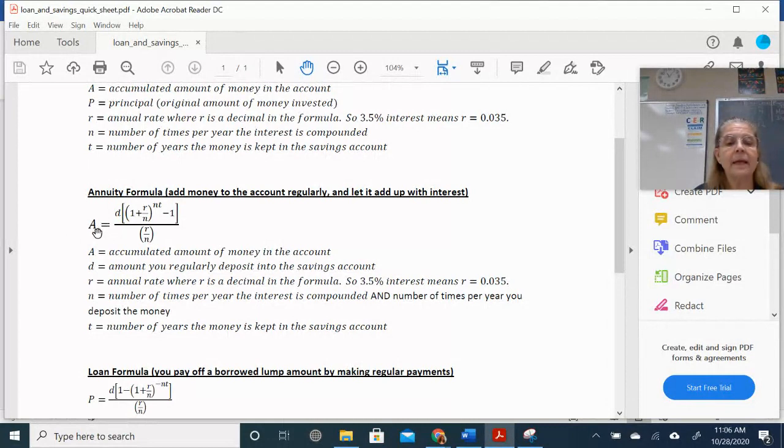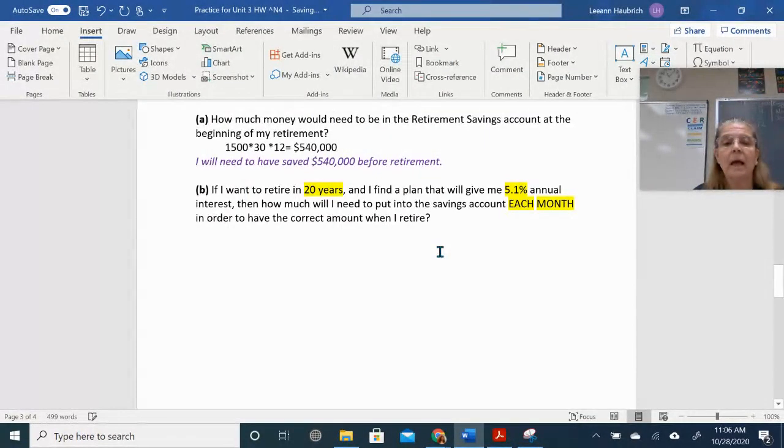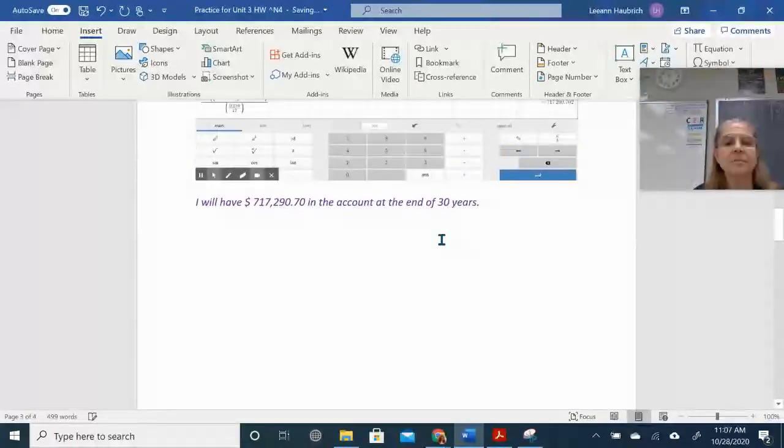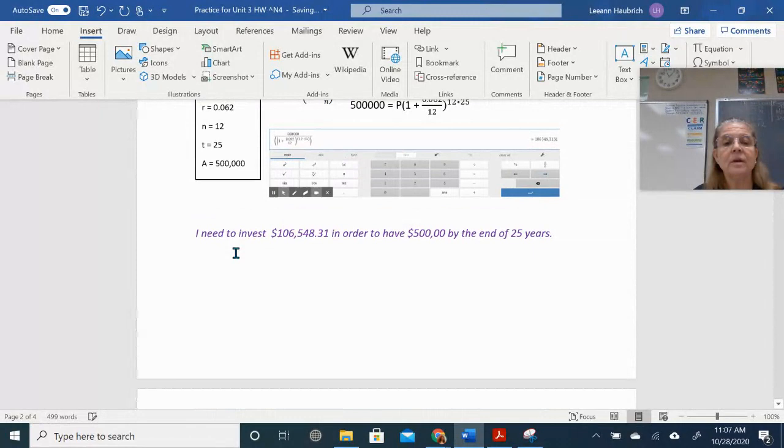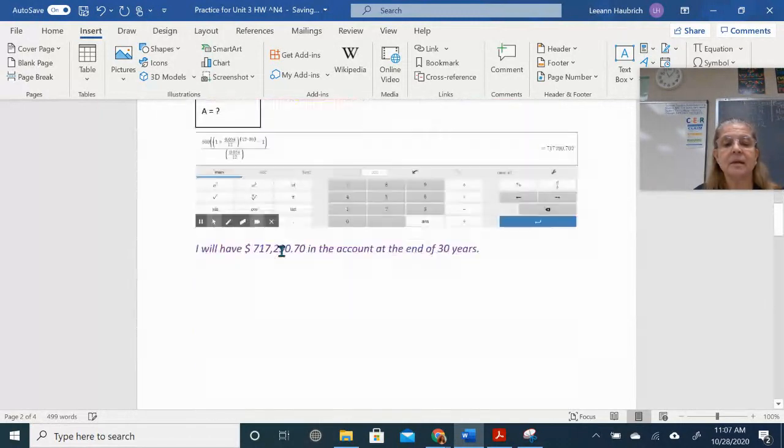I have an ending balance in mind, and I need to know how much I need to put into the account each month. So it's very similar to what we did up here, except this time we know the beginning balance.